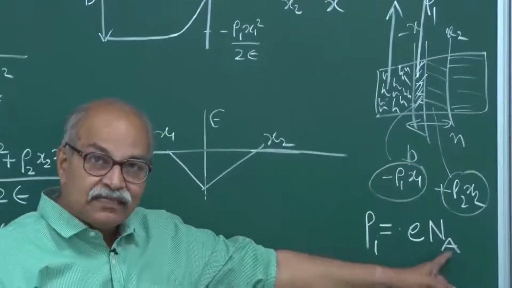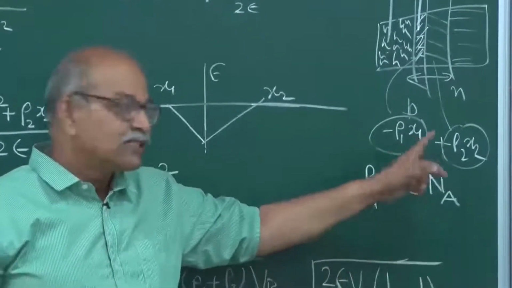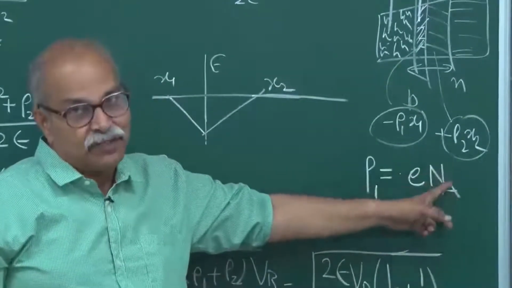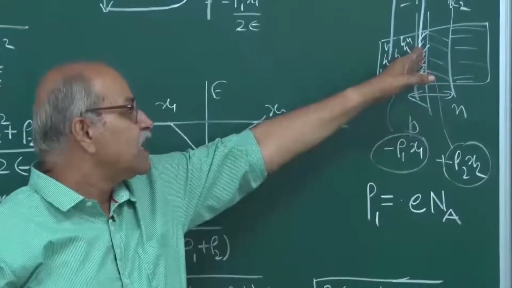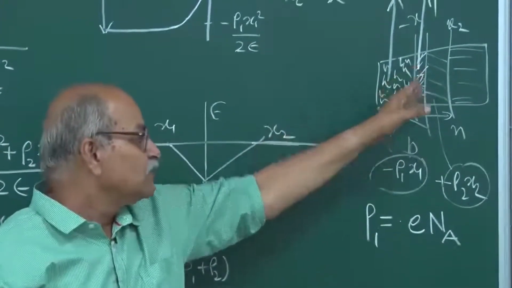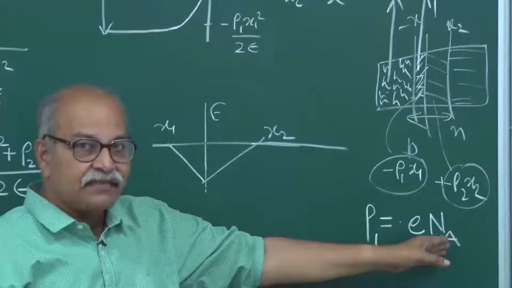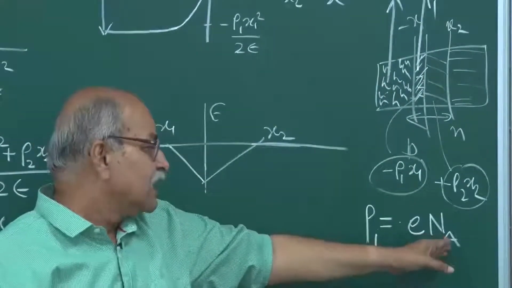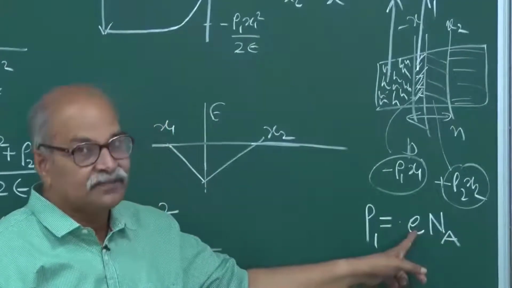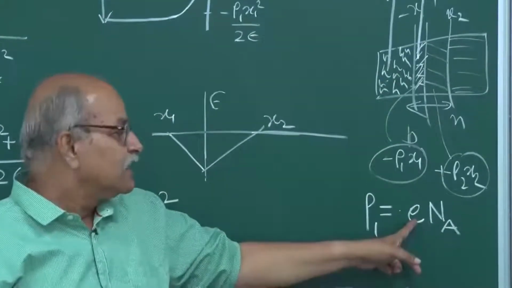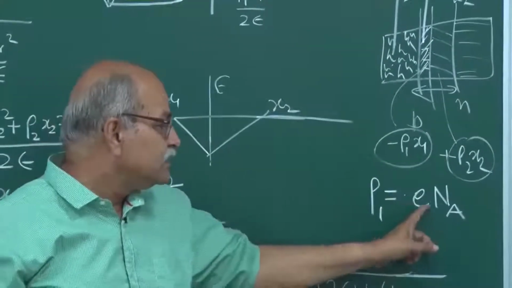What is Na? Number of acceptor ions per unit volume, right? Number of impurity ions which I have doped here per unit volume. So that is Na, number density. And each ion has this charge of minus E, and therefore this rho 1 is just E times Na.